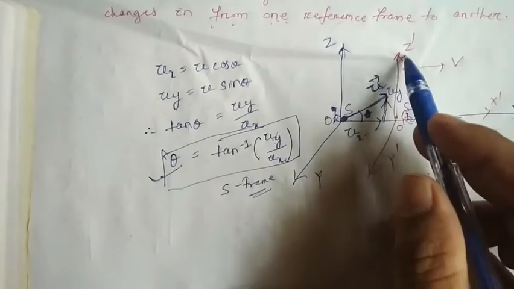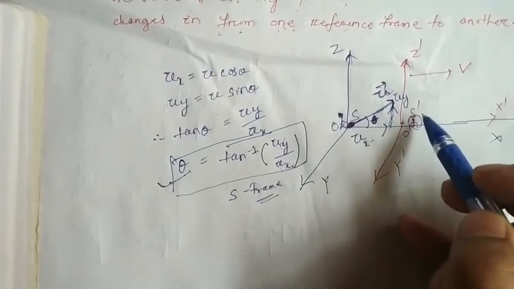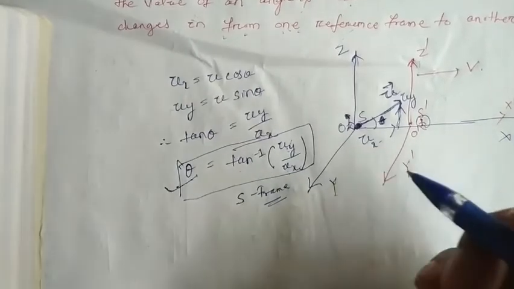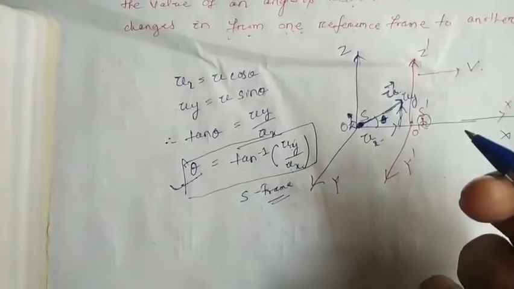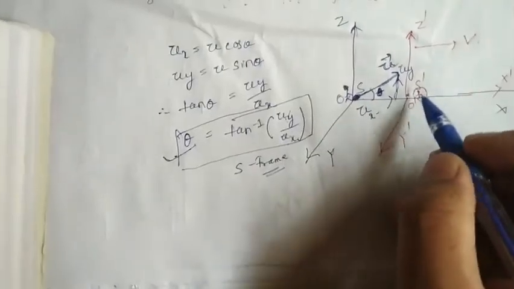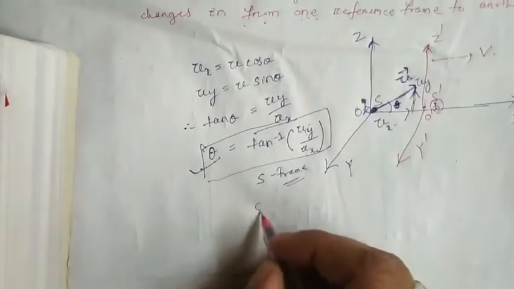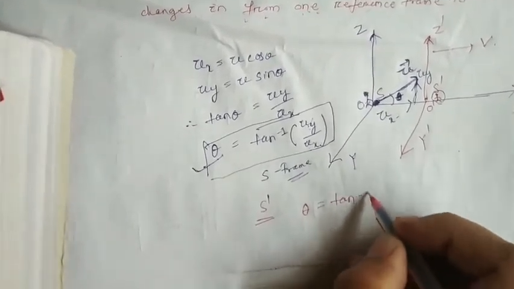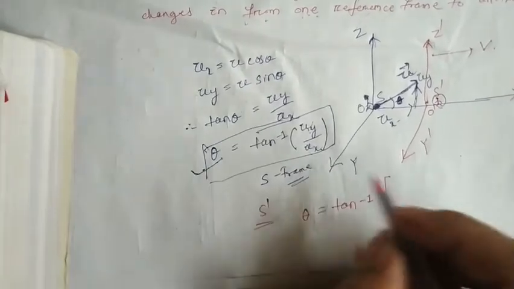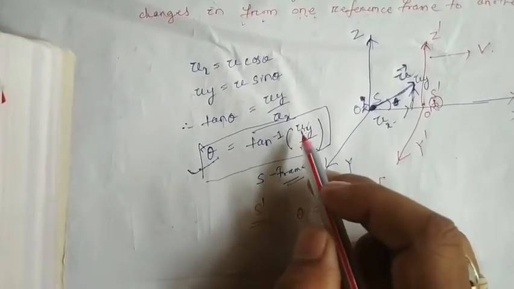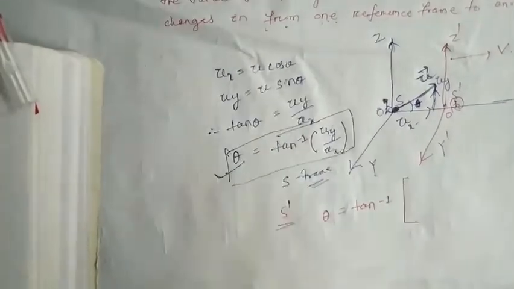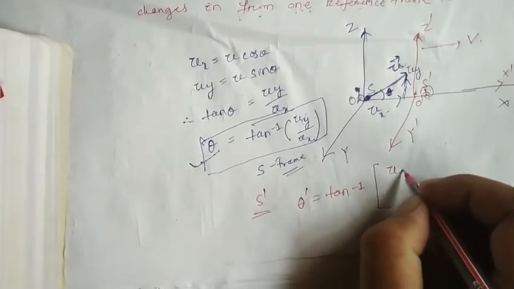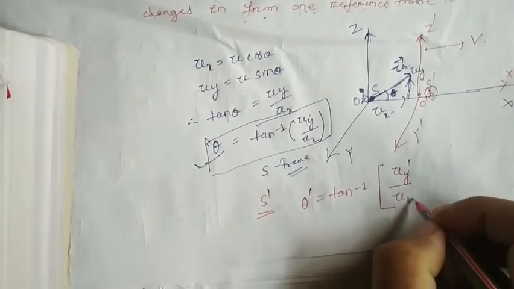As this frame of reference, that is S dash, is moving with a velocity v, we have to consider here the so-called relativistic velocity addition. So for the person sitting in S dash, what will the angle be? Theta dash will be equal to tan inverse of uy dash by ux dash.